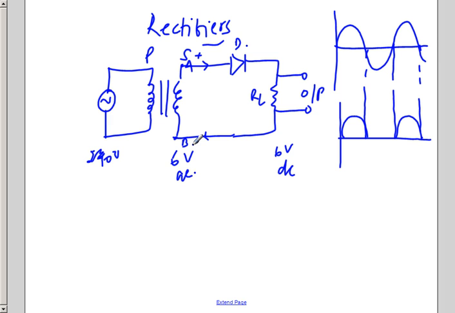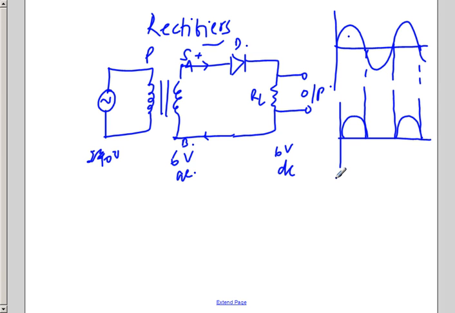This is P type and N type, this is anode and cathode. If the positive polarity of the battery is connected to P type and negative is connected to N type, the diode is in which bias? It is in forward bias. If the diode is in forward bias, there will be current in the circuit. So for the first positive half cycle, there is a current in the circuit.